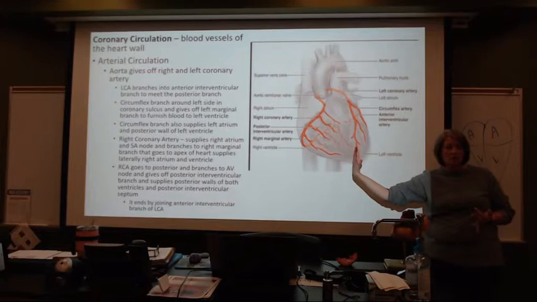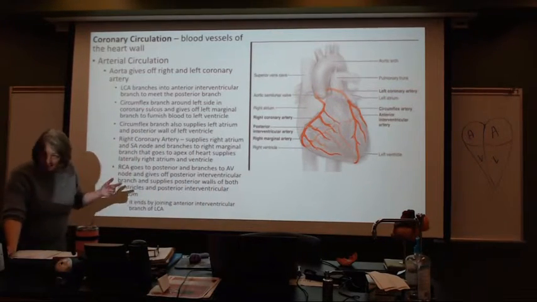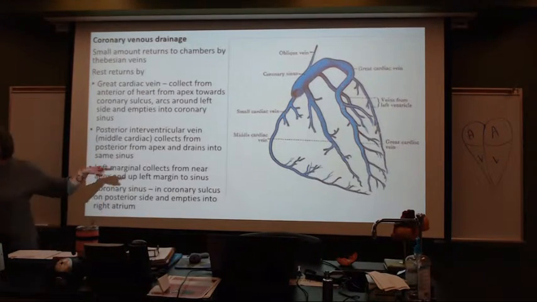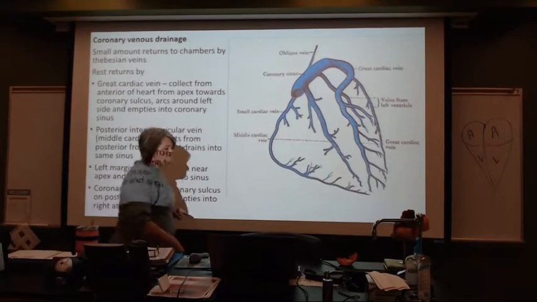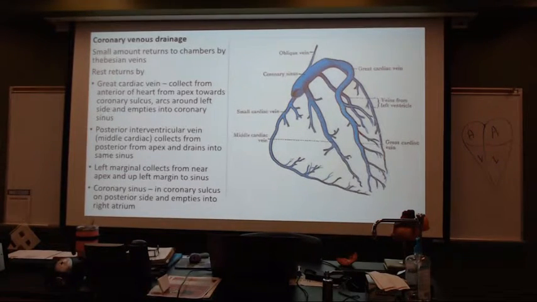Is everybody with me so far? So now, if I have supplied blood to those heart tissues, it needs to return. Once we have the blood flow to the tissues, we're going to have blood flow back to the heart.